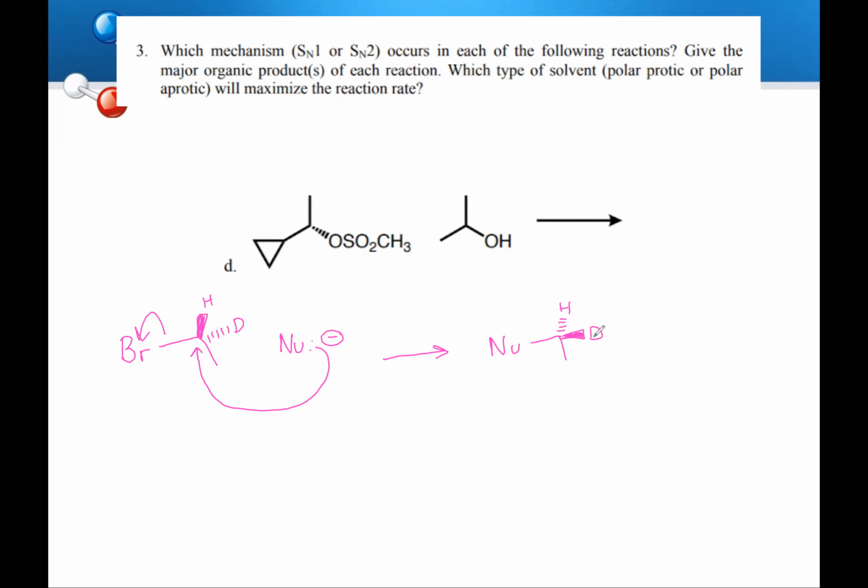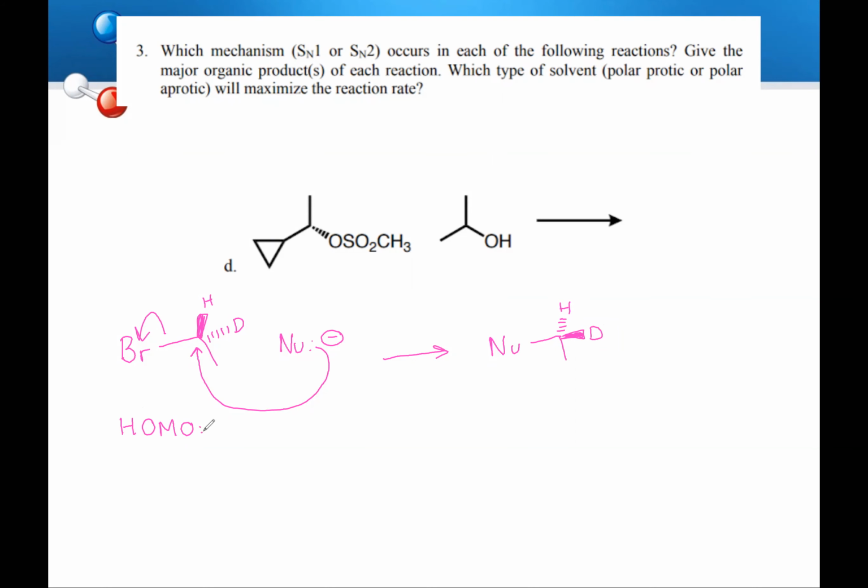So with SN2, does anybody remember what the HOMO is, or could anybody tell me what the HOMO is for this reaction? Say that one more time. I'm sorry. Perfect, perfect.